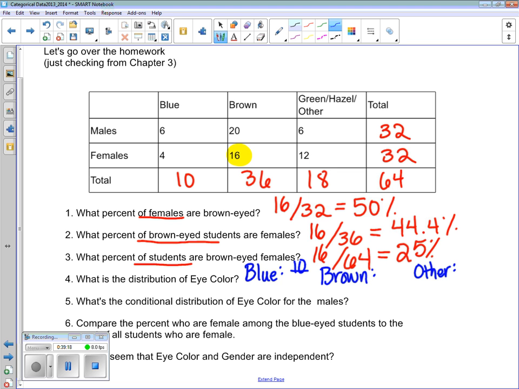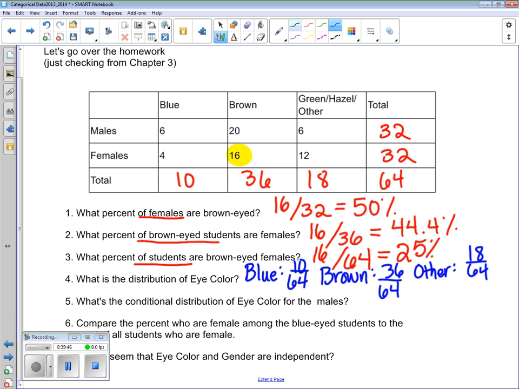And you could write the corresponding percentage, and I believe it's 15.6%. Brown would be 36 divided by 64, and other would be 18 out of 64. And again, you should probably write the percentages down. Are we okay with where those numbers came from? You sure? Okay.